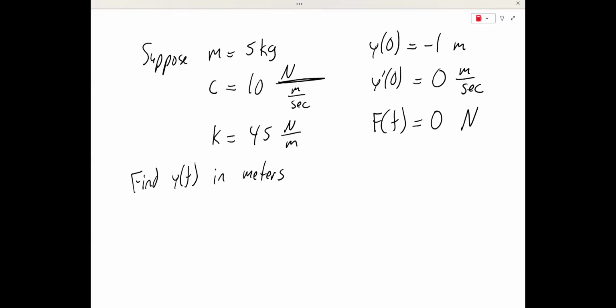And by the way, as soon as I put the c in here, this is like the friction part. Let me write down the equation here. So basically, we get 5y double prime plus 10y prime plus 45y equals 0. So that'd be the equation here. Once you have a non-zero c here, then I have to give you the mass at that point.